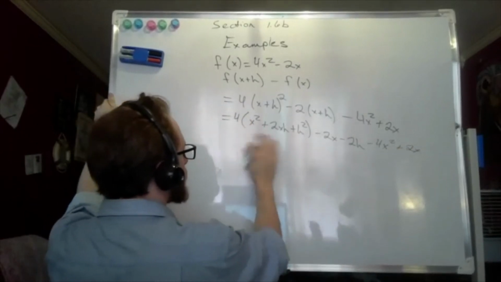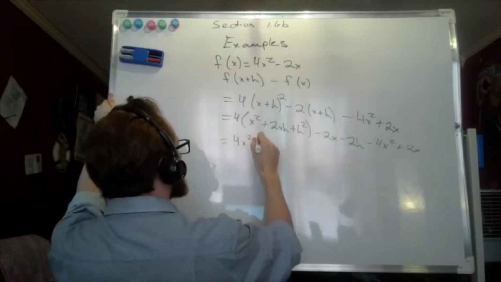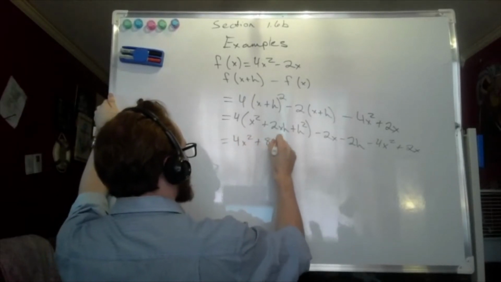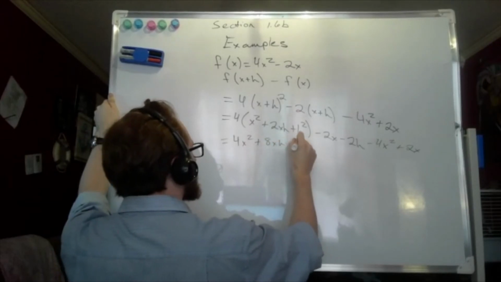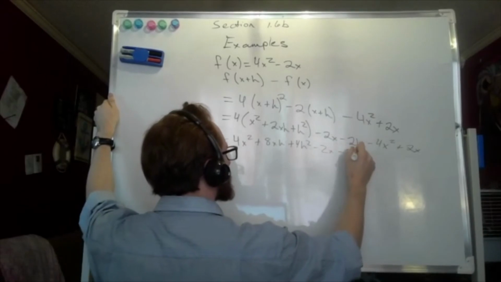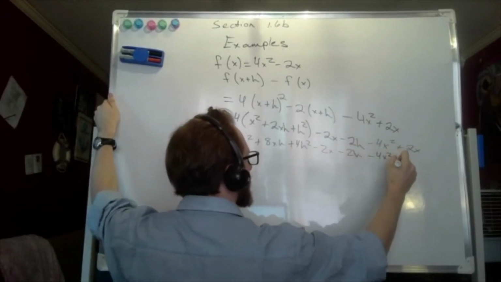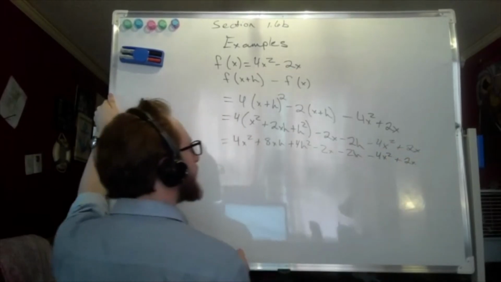We're going to go ahead and distribute our 4 now. And we've got 4x squared plus 8xh plus 4h squared minus 2x minus 2h minus 4x squared plus 2x.